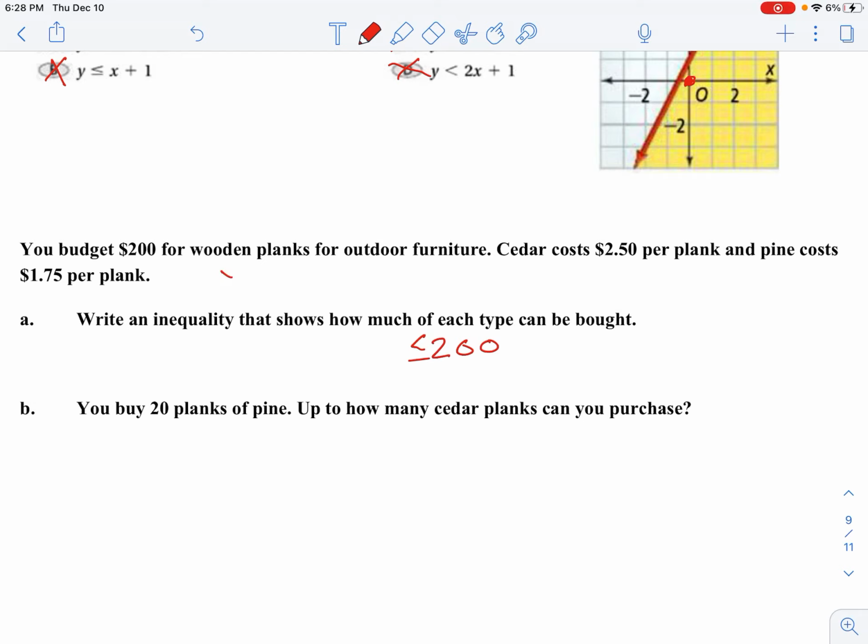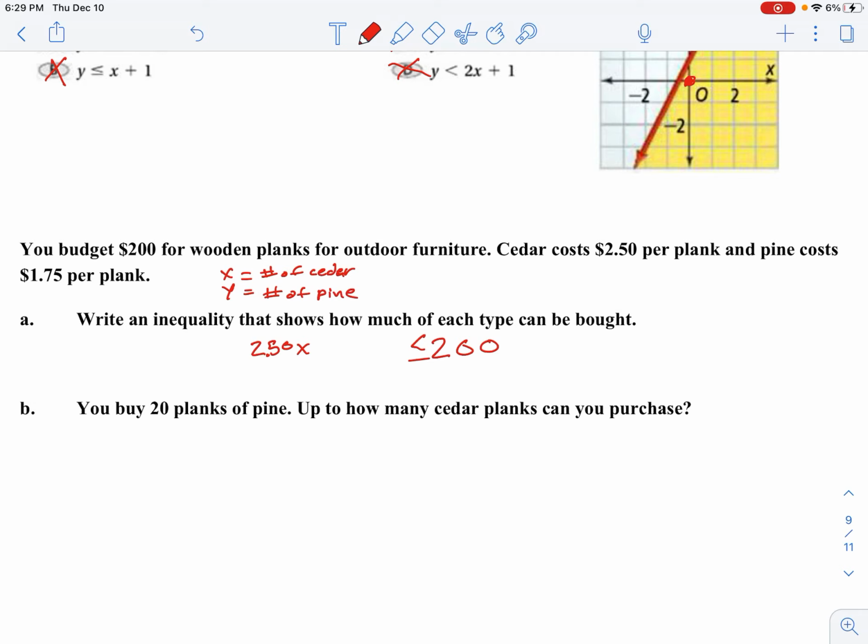So my x and my y are going to be number of planks, but it's going to be number of cedar planks for X and number of pine planks for Y. That means my equation is going to be $2.50 for cedar planks. How many are we buying?